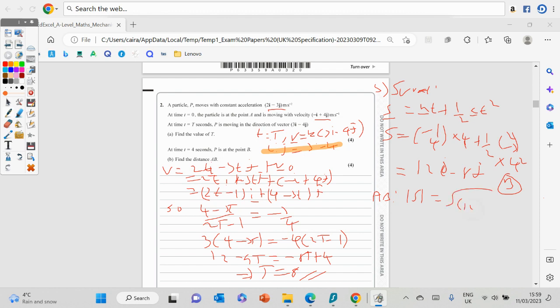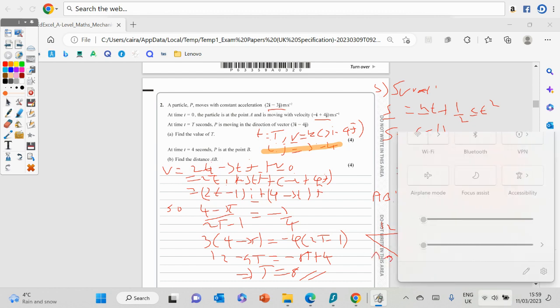So it's 12 squared add minus 8 squared. I don't know why I'm putting the minus 8 in there. But essentially, it's 12 in the i, minus 8 in the j. And we're just using Pythag to work out this distance here.